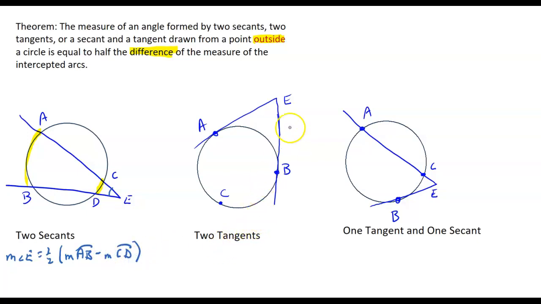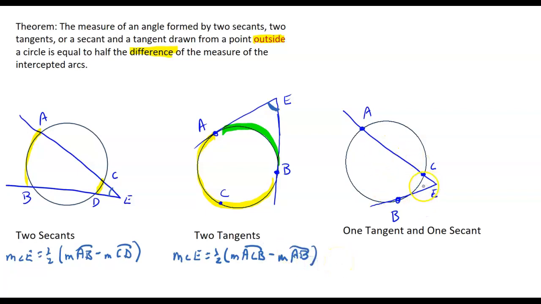Same thing works for two tangents. If I want to figure out the measure of this angle E out here, it's going to be half the difference of this arc here minus that arc there. So the measure of angle E is 1/2 the difference of arc ACB minus the measure of arc AB.